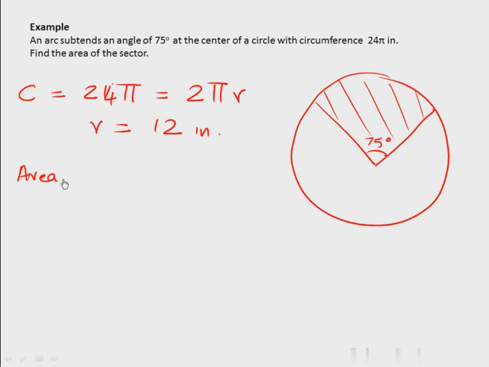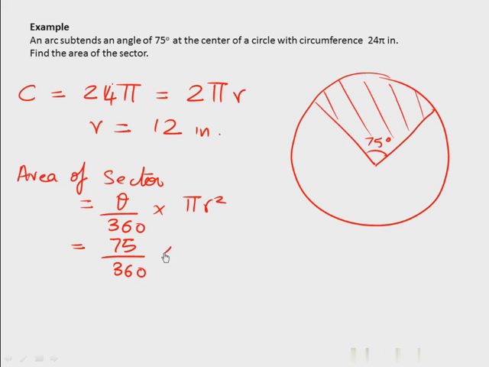So area of sector is equal to theta by 360 into pi r squared, which is 75 by 360 into pi into 12 into 12. 12, 36 gives me 3, 3, 12 gives me 4.